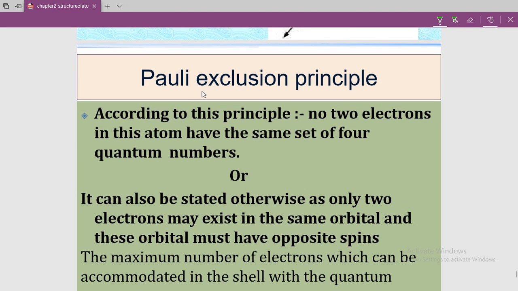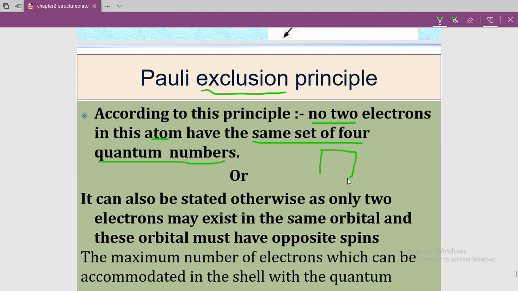Pauli exclusion principle, a very interesting principle it is. According to this principle, no two electrons in an atom have the same set of four quantum numbers. It means only two electrons exist in an orbital.